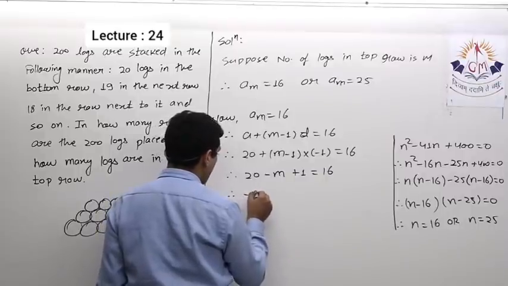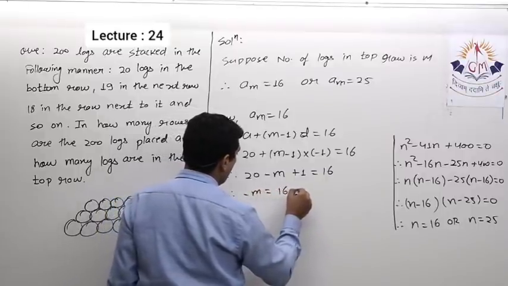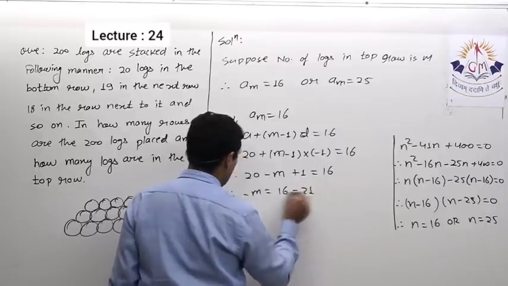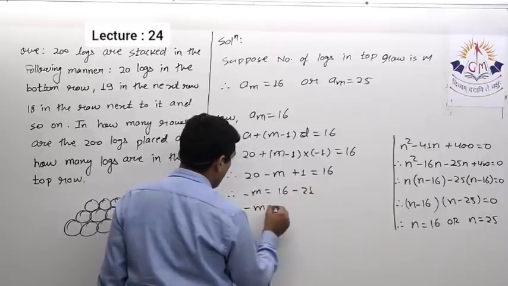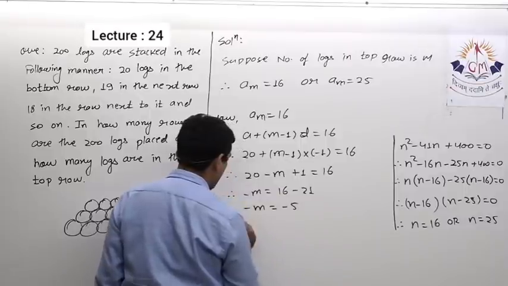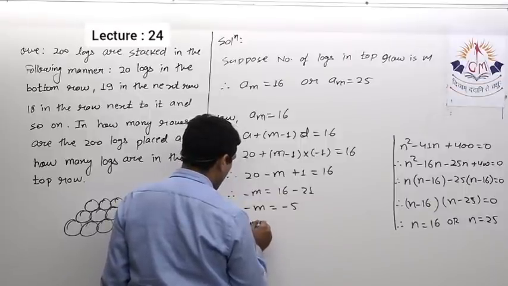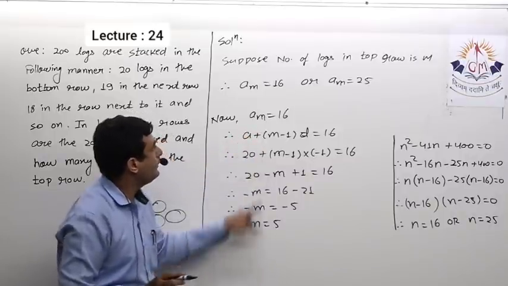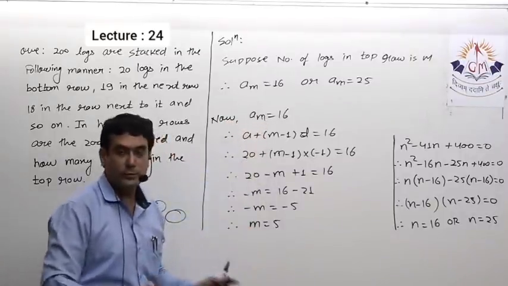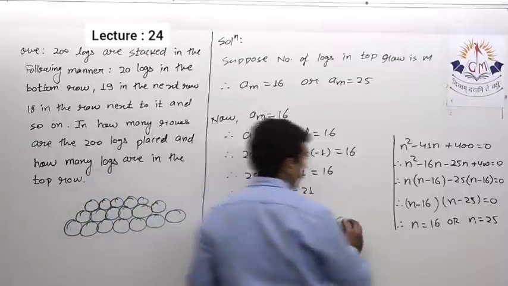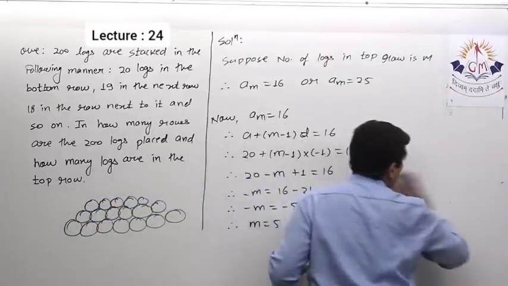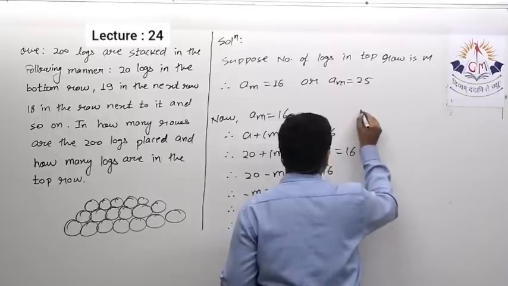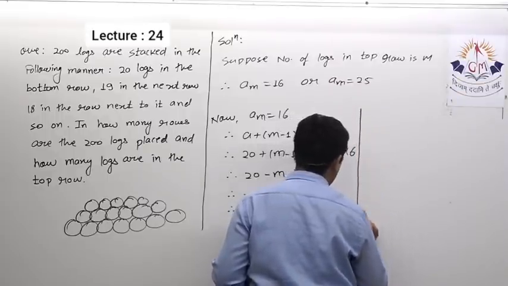So minus m is equal to 16 minus 21. Therefore minus m is equal to minus 5. Therefore m is equal to 5. So if I solve a_m equal to 16, m equals 5, that means the number of logs in the top row is 5.